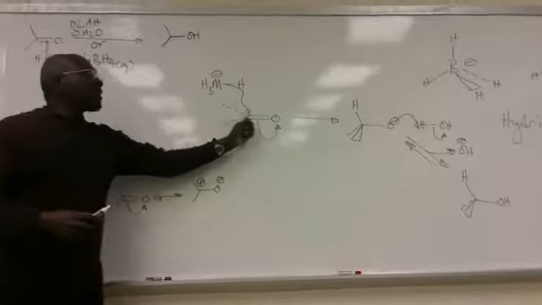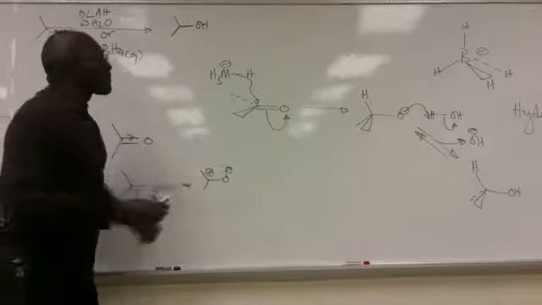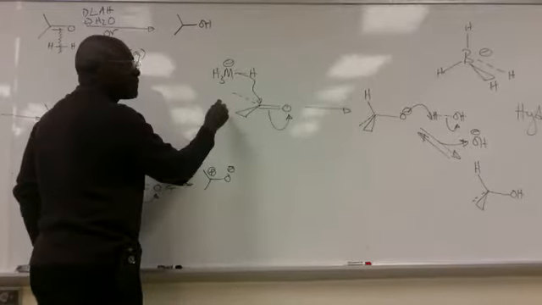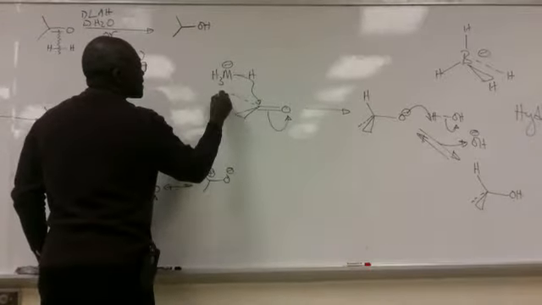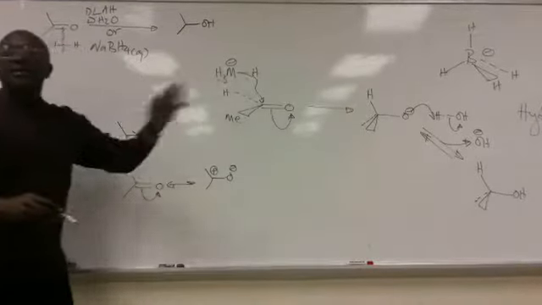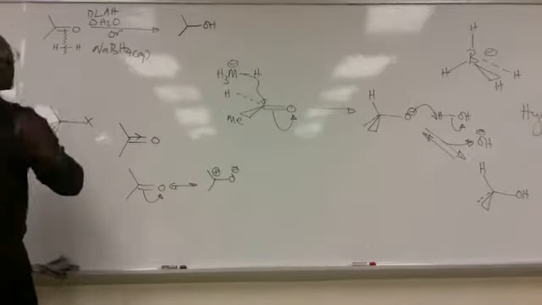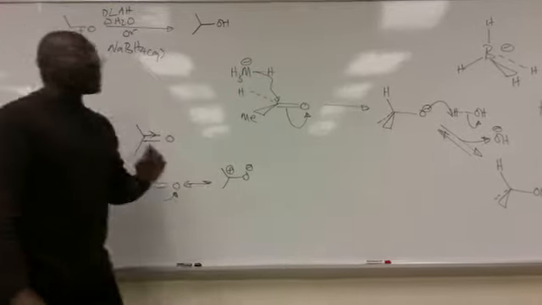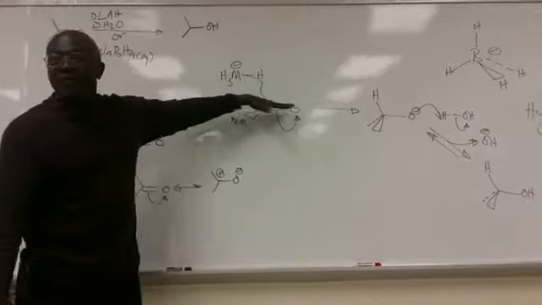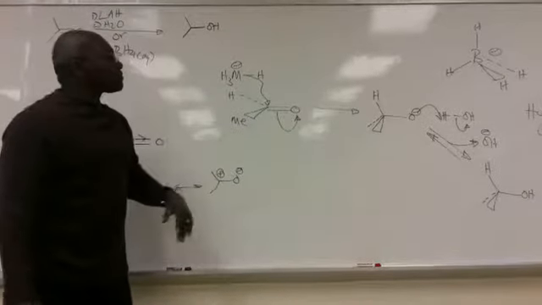If the carbonyl compound has two different groups on it, let's say it has H and methyl, or it could be methyl and ethyl, it doesn't really matter. If it has two different groups on it, what's going to happen is the following. Now it's flat, so it's achiral. All flat things are achiral.